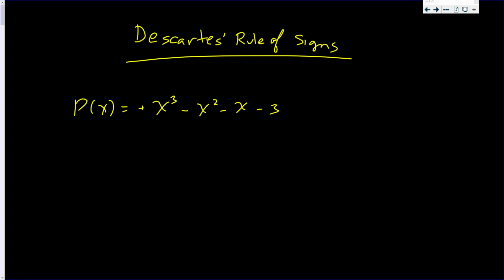It's in descending order. We want to see how many sign changes there are, starting from the left and going to the right. From positive to negative is a sign change, and then no sign change, and then no sign change. So there is one sign change.